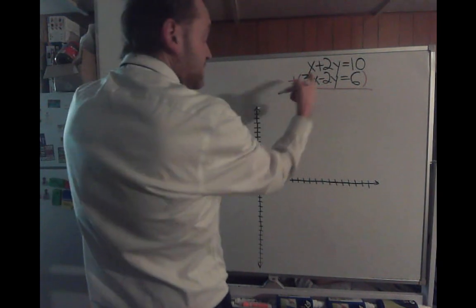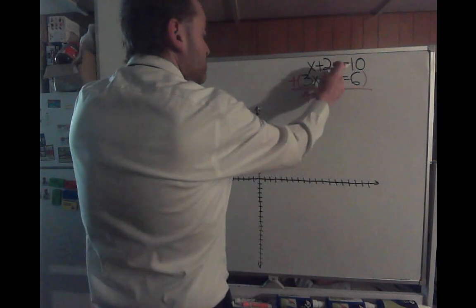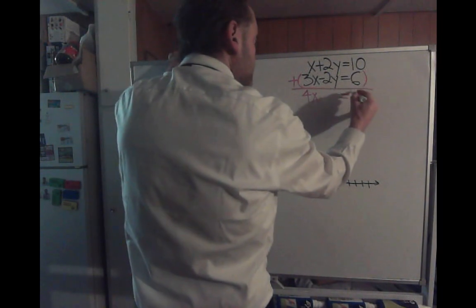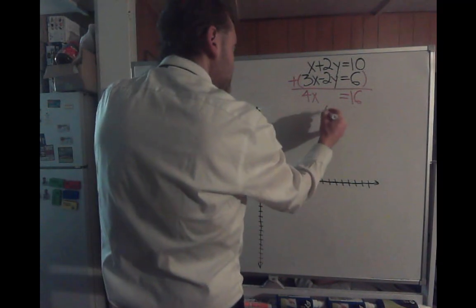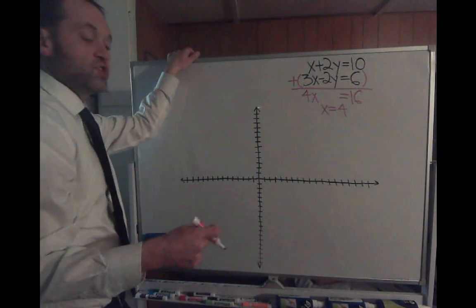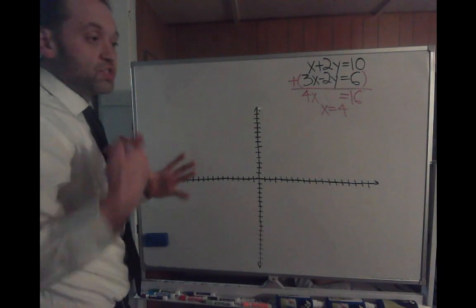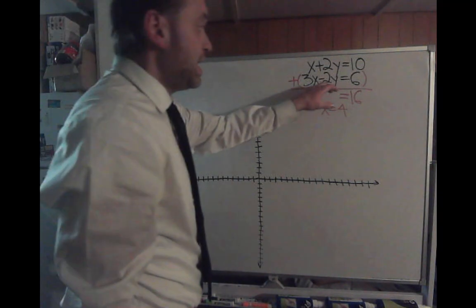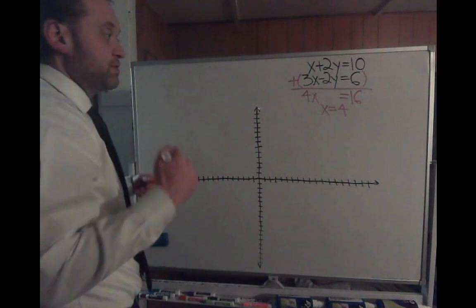So add them together, x plus 3x, that would give you 4x. 2y minus 2y is 0, and then equals 10 plus 6 is 16. So you have 4x equals 16, which means x would equal 4. So the x-coordinate of the point of intersection is 4. Now, to solve for y, put this x value into either of these two equations, and then you can solve for y.